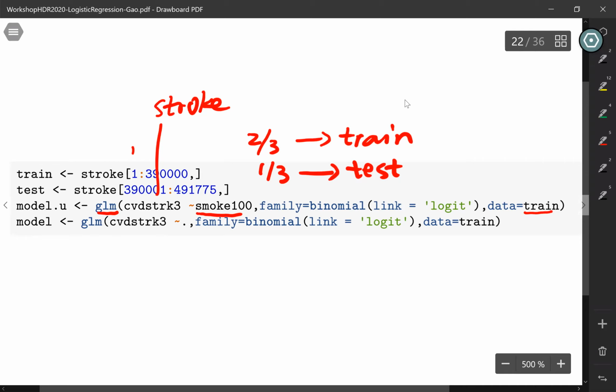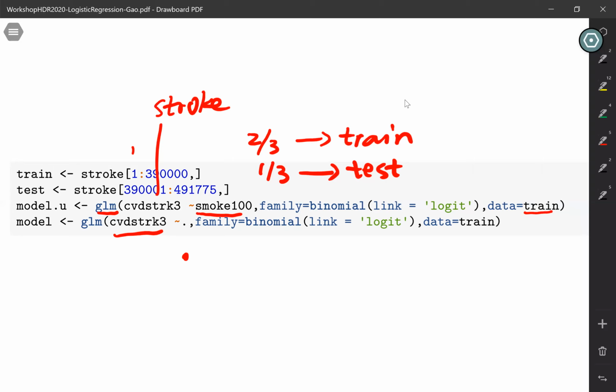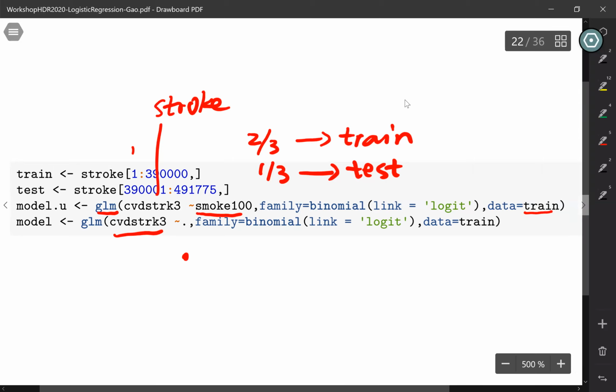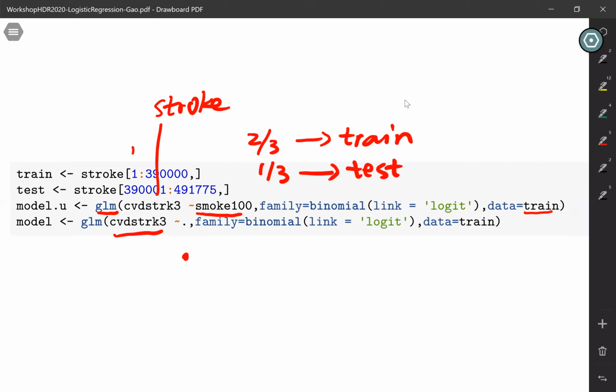Instead, you see I put a dot here. What is this for? This means, in the training data set, take this one out as the dependent variable y and treat all the others as predictors x. Remember we have 5 x now, including the smoke, right?